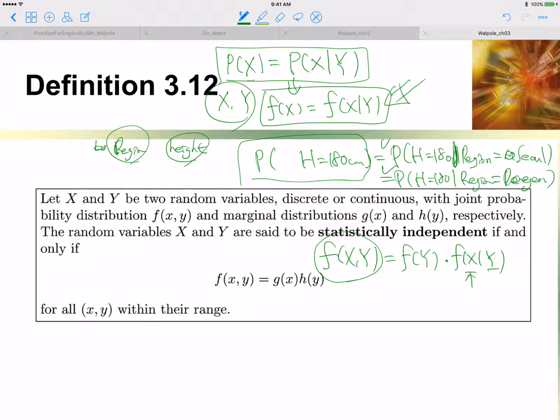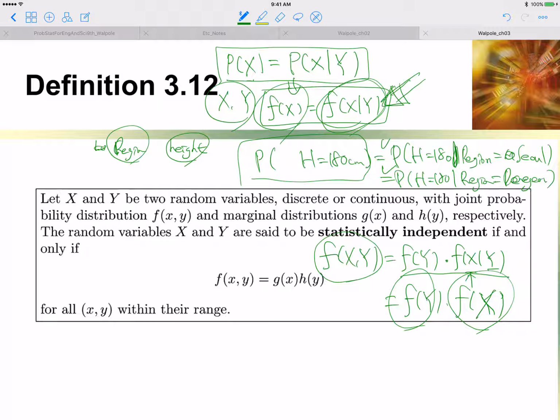So this joint probability can be represented in this form. But when they are statistically independent, this part can be written as just f of x. So we have f of y, and this becomes f of x. This is the definition of statistical independence.